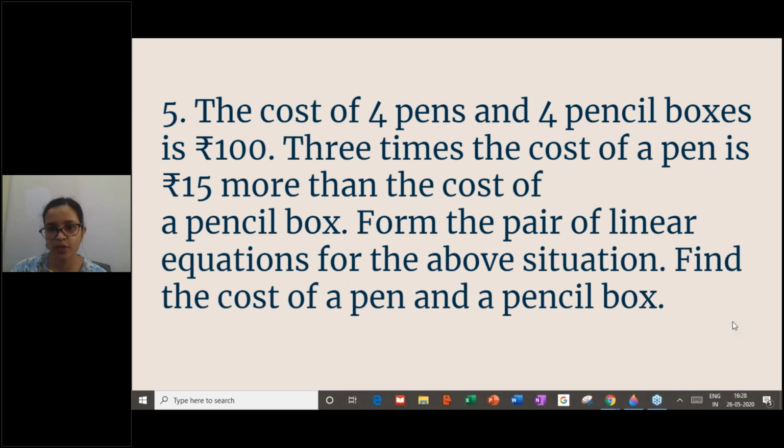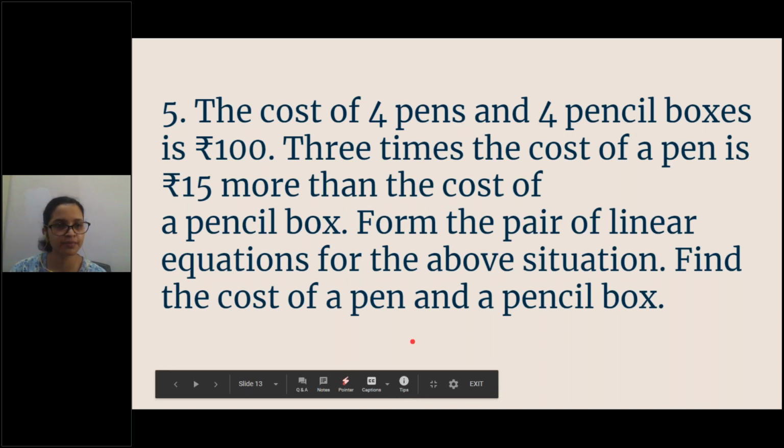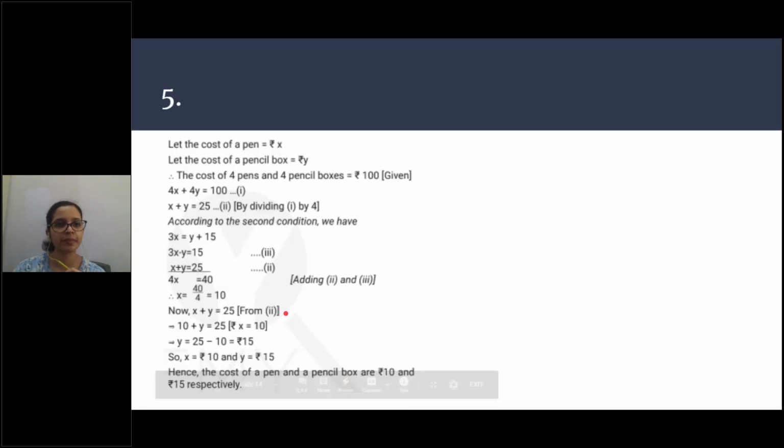Okay, I see most of you have solved. Nice. So I'll just take you through the solution once. Okay, so let the cost of a pen be rupees x and let the cost of a pencil box be rupees y. So the cost of 4 pens and 4 pencil boxes is 100 as is given. You write that in terms of an equation and you simplify it. Okay, they've simplified this.